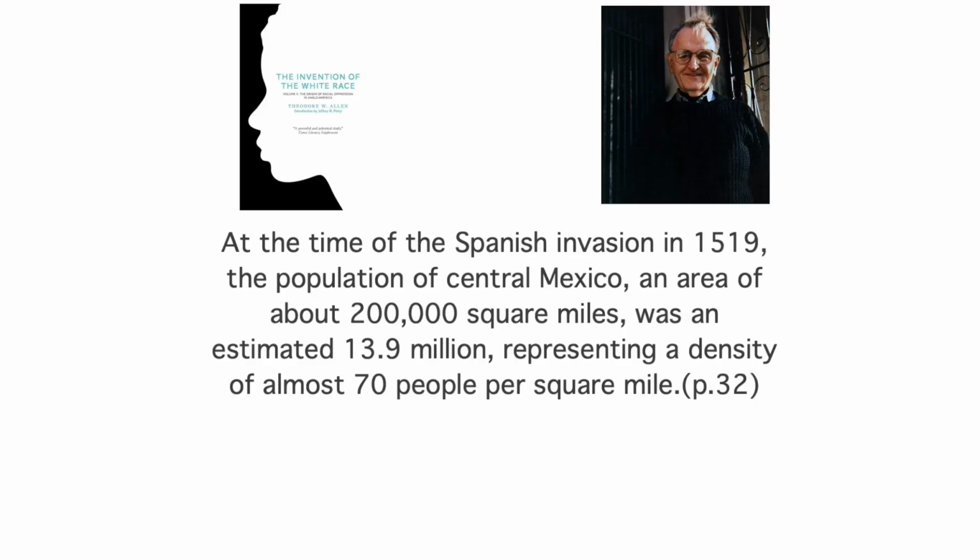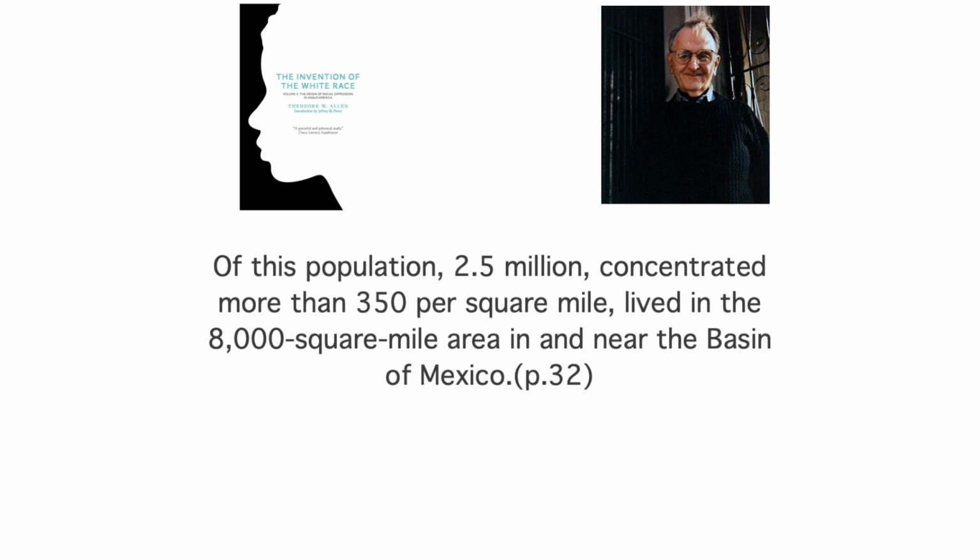At the time of the Spanish invasion in 1519, the population of central Mexico, an area about 200,000 square miles, was an estimated 13.9 million, representing a density of almost 70 people per square mile. Of this population, 2.5 million, concentrated more than 350 per square mile, lived in the 8,000 square mile area in and near the basin of Mexico.